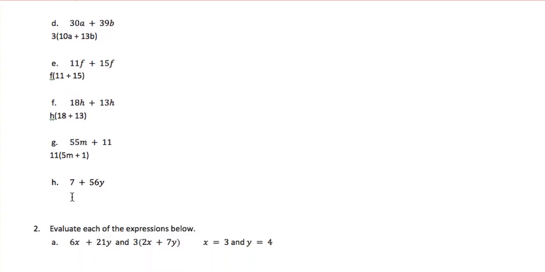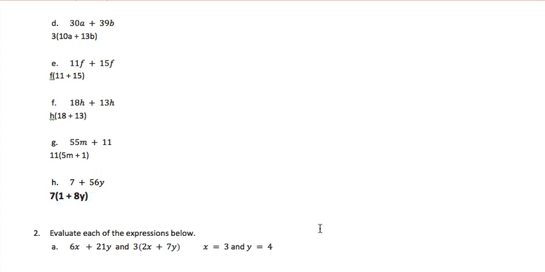And then in letter H, we have 7 plus 56y. 7 also goes into 56, so our greatest common factor is 7. And 7 times 1 equals 7, plus 7 times 8y equals 56y. There we go.